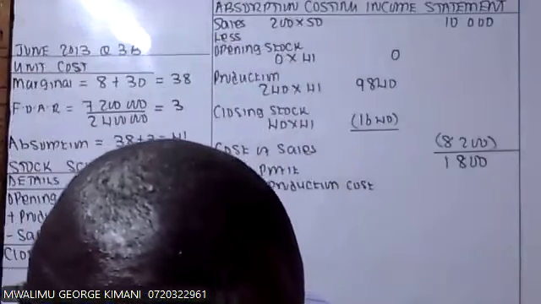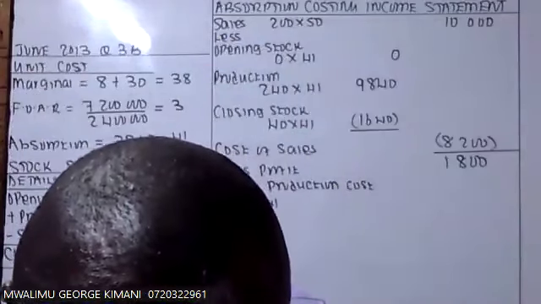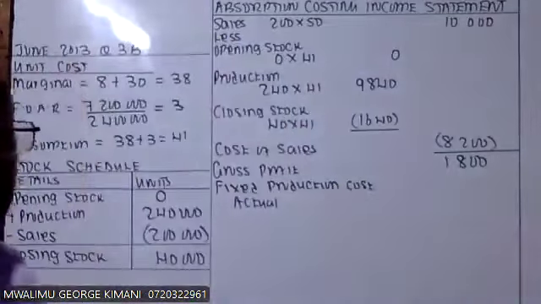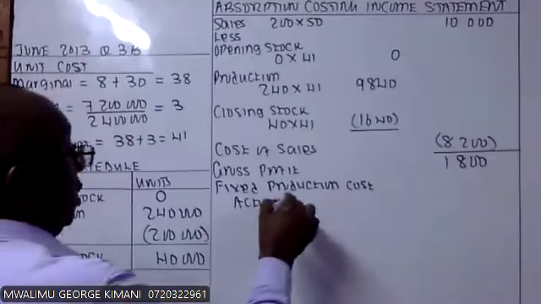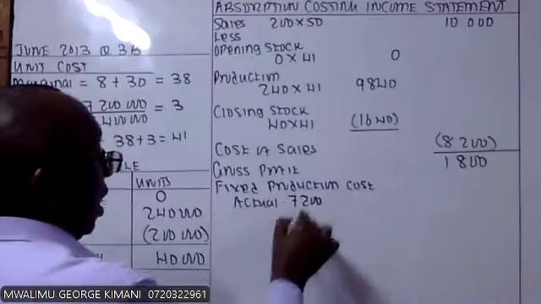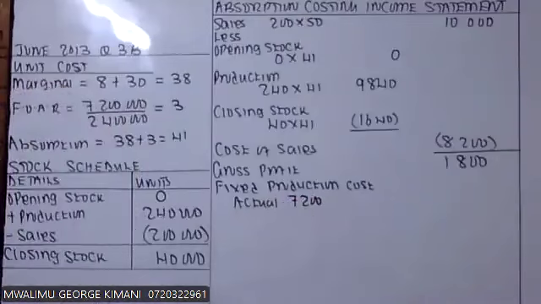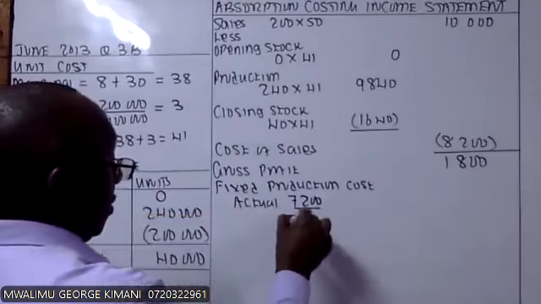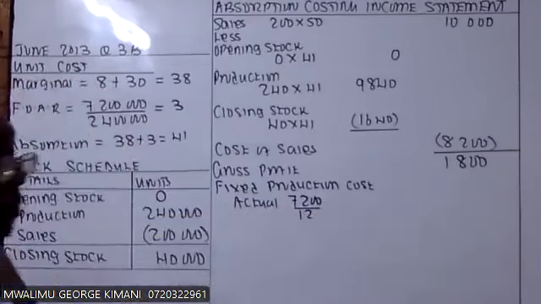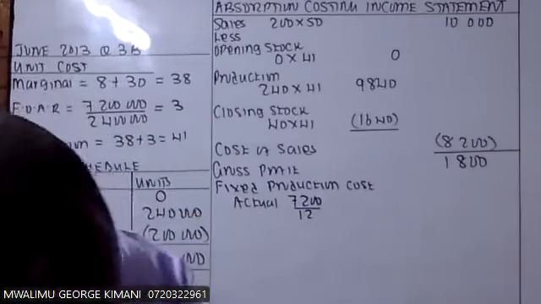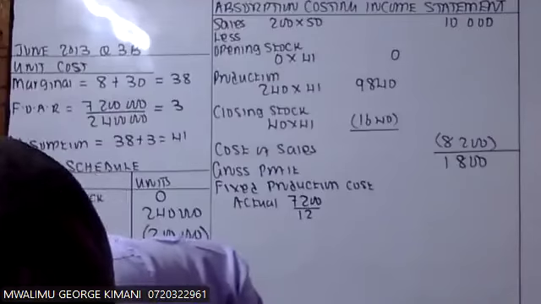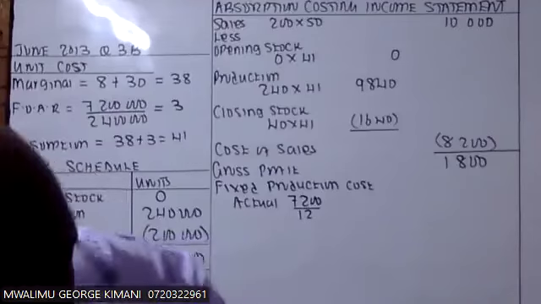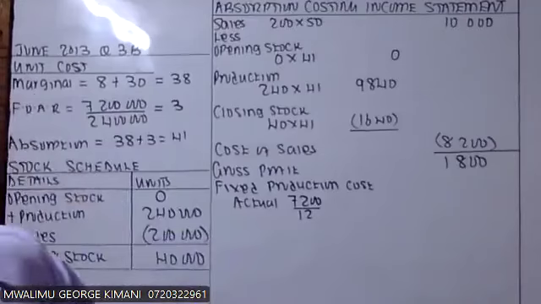So the budget, according to information 1, is 7,200 for the whole year. And remember here, we are dealing with 1 month, so you must divide the 7,200,000 by 12.